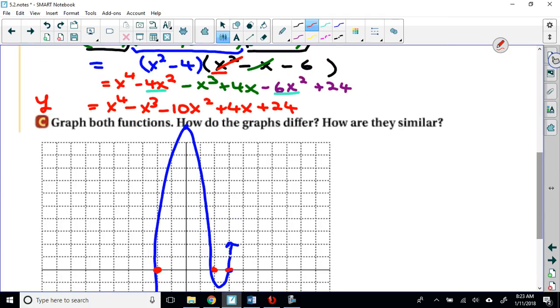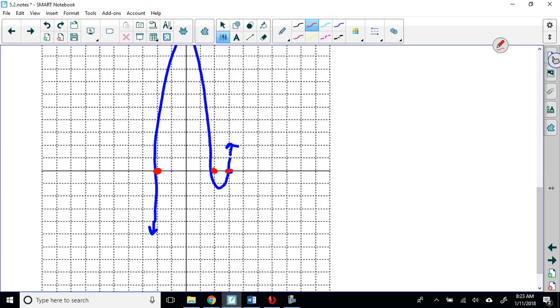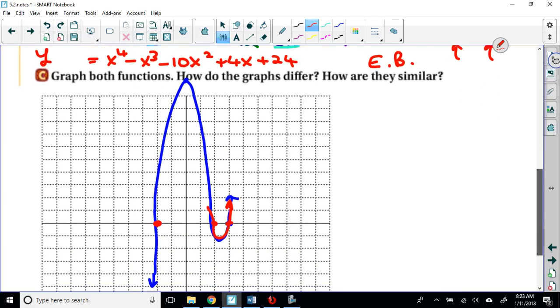What's the end behavior of this one? Up, up, good. It's going to be up and up. So that one is also going to be going up on the right. And it's probably going to go through here. And its y-intercept was 24. So it's going to go up way more high. And it's going to come down to here, and it's going to look like a parabola there.